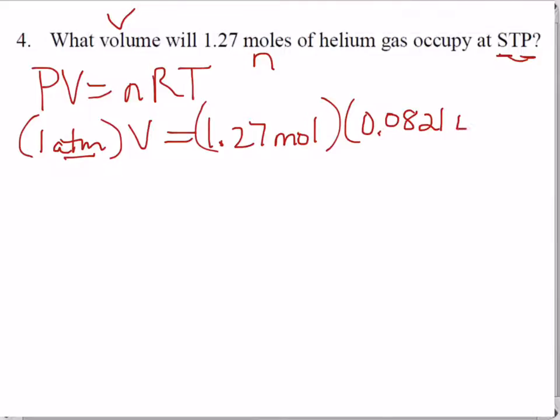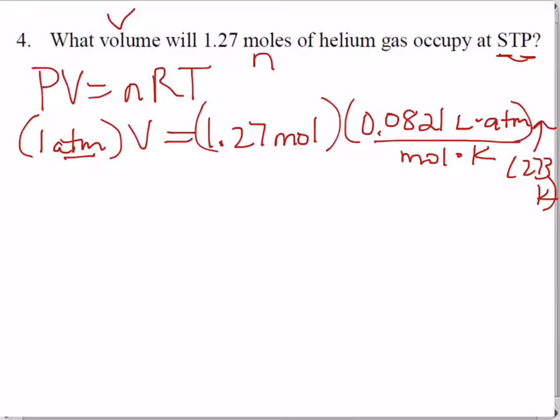And the units are liters times atmospheres over moles Kelvin. Okay, and then we've got to squeeze in our temperature here. We're also multiplying that times 273 K. That should have gone up there.